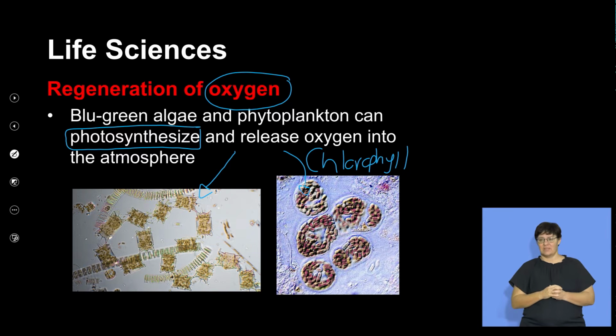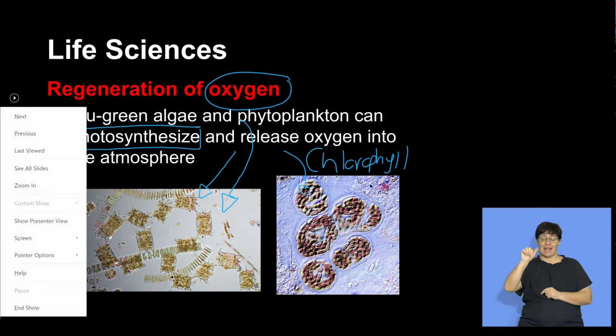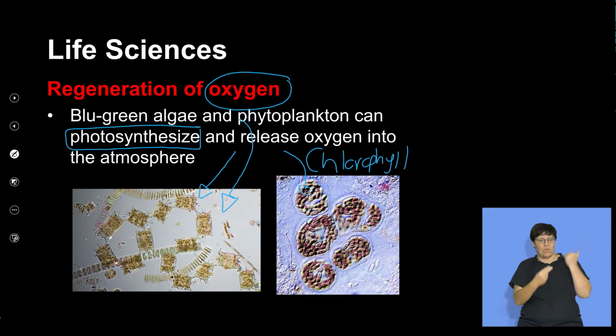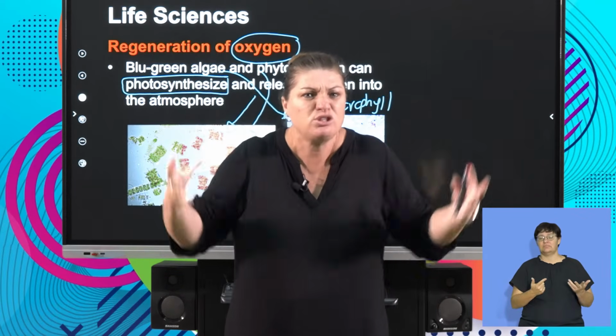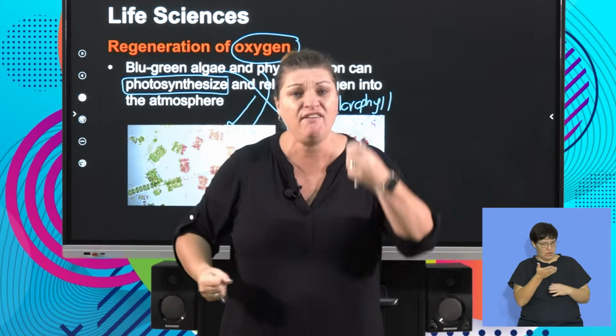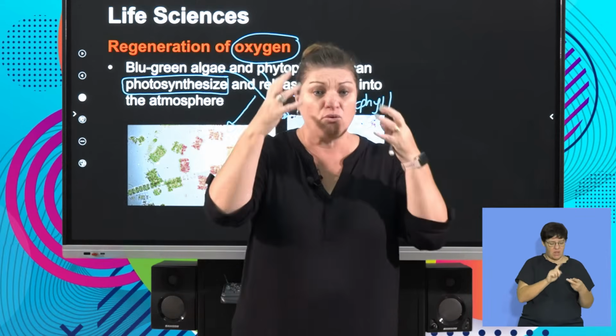Now, if you watched some of the previous lessons, you would have noticed this. What is this? This is phytoplankton. That is tiny little microscopic organisms. They're protists and they are found right in aquatic mediums. Here, this is blue-green algae. And some bacteria, cyanobacteria, have also got green. So we've got bacteria, we've got algae, and what can they all do?